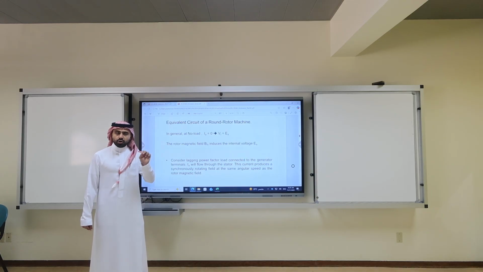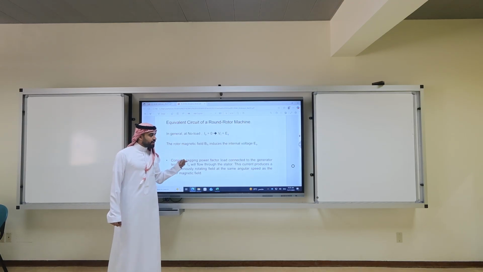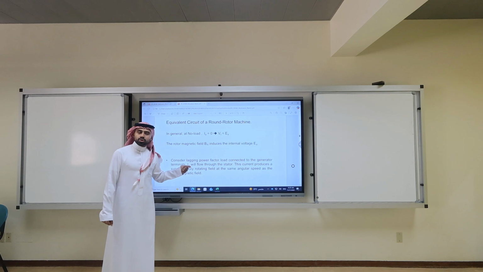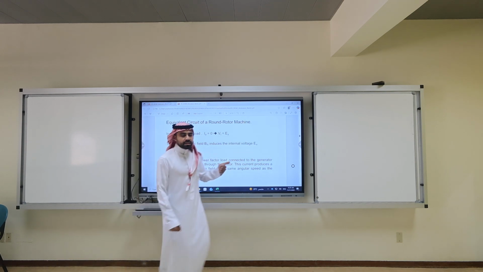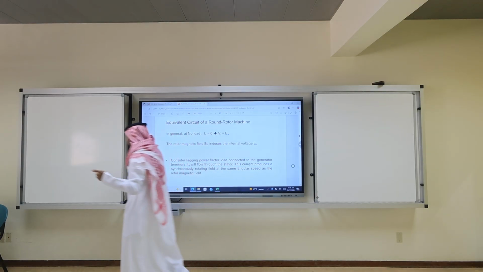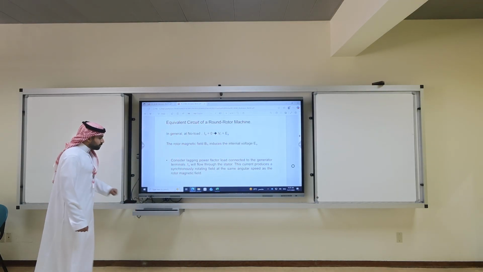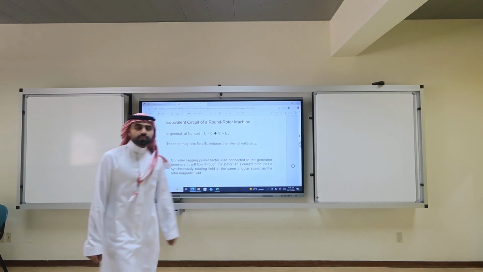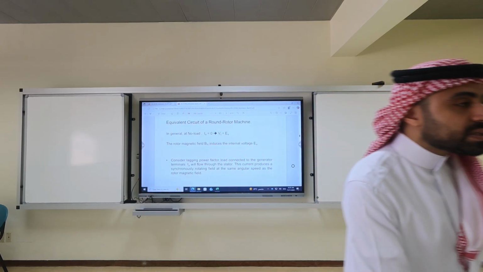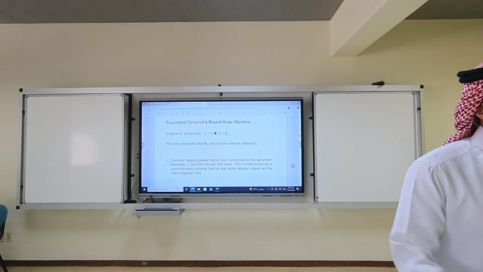If the rotational frequency is 120 times 60 over 4 poles, which is 1800, what will be the electrical frequency of the armature current, the load current? 60 Hertz. If it is 1795, what will be the frequency? Below 60 Hertz, maybe 59.9.